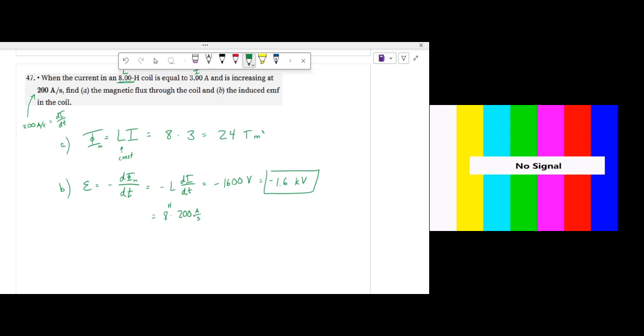But I don't care about the flux. We never really care about the flux. We always care about the change in flux. And so what I'm trying to get at is, if part A was not there, the fact that the current was currently 3 amps would mean nothing. We don't care what it is at any particular time, we only care how it's changing. Okay?